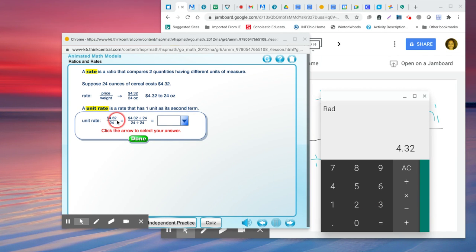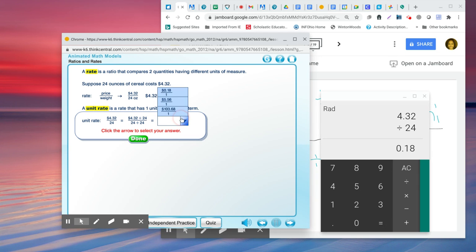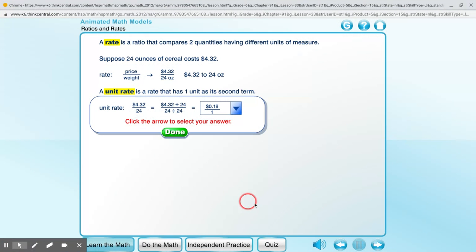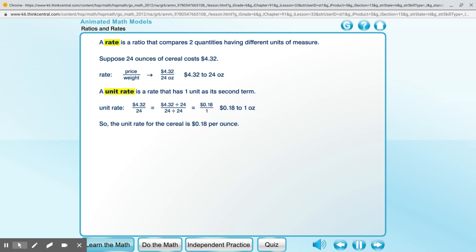Remember, fraction bar means division, so divided by 24. 18 cents. That's right. This is the correct answer. So, the unit rate for the cereal is 18 cents per ounce.